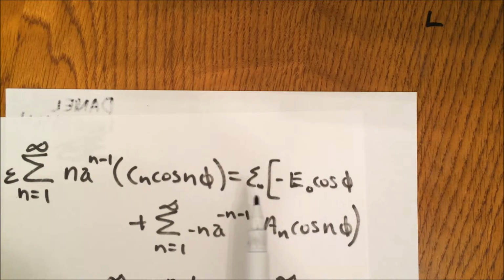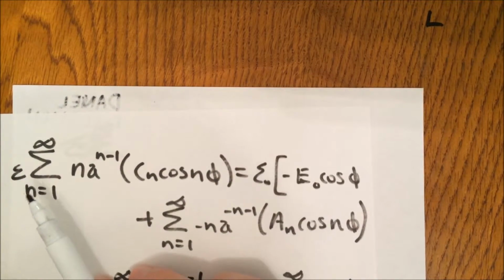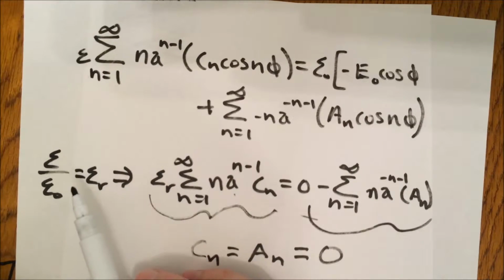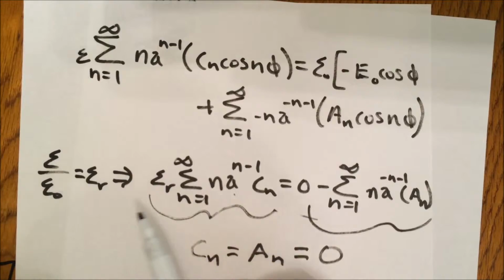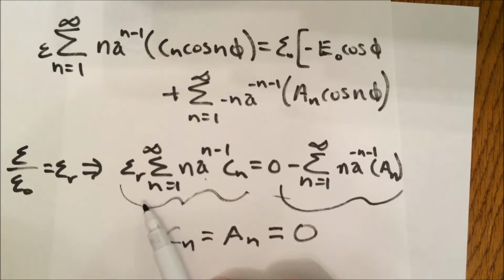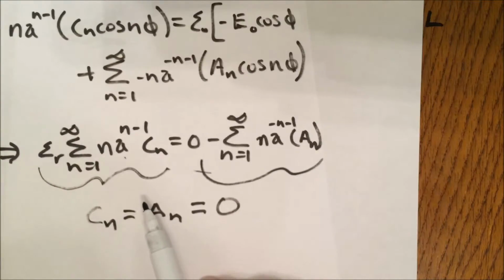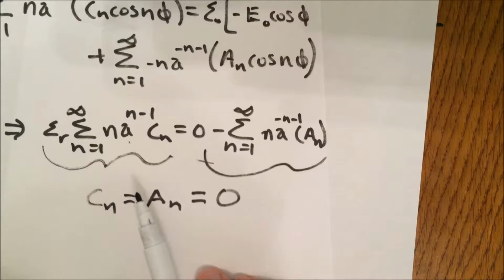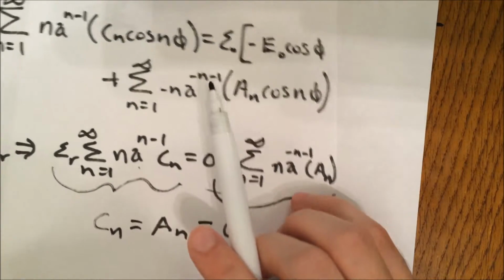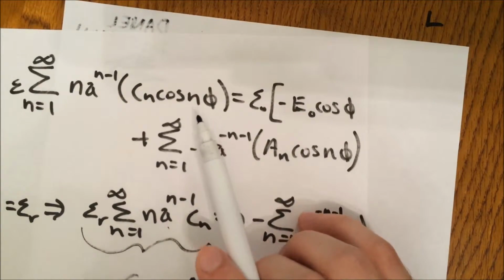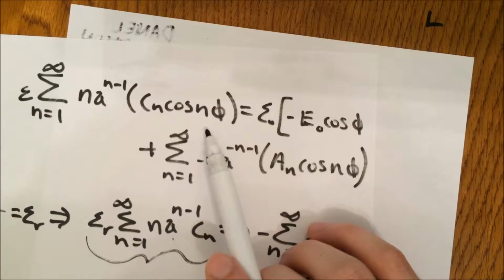Okay, so using that boundary condition, we're left with this. And if we divide this epsilon naught out over here, the relative permittivity is equal to this. And we put that back into the equation, doing the same thing as before for all n.